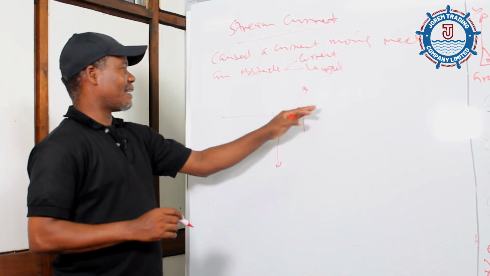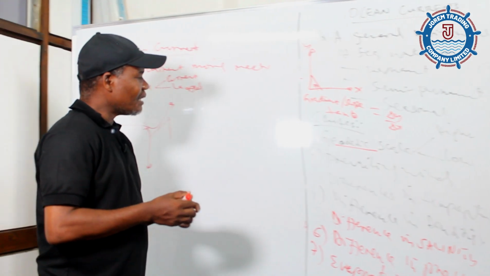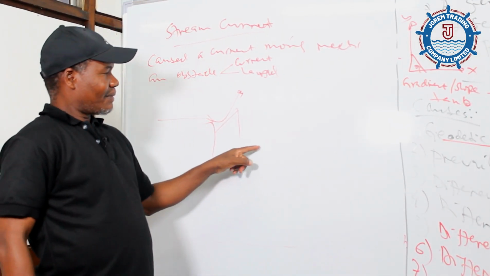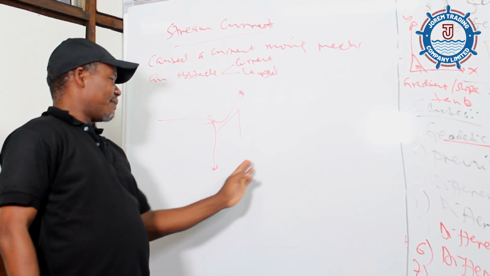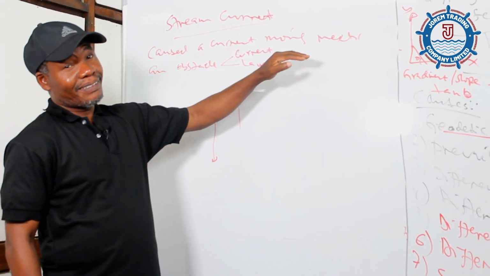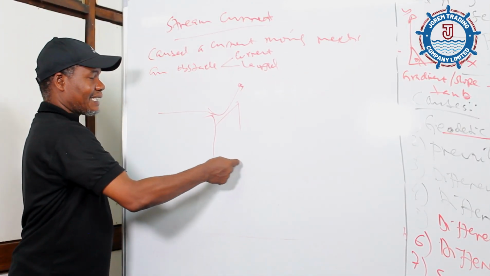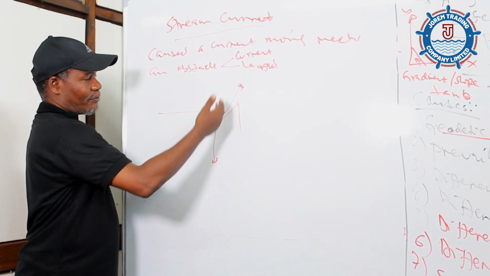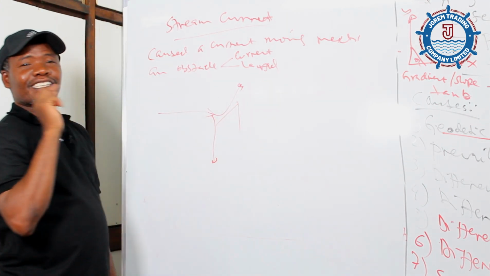So either it meets a land or another stream current. For example, if you look at the Gulf Stream, there is a North Equatorial Current setting westerly. When it strikes the land near the Caribbean, it starts forming the Gulf Stream, because this North Equatorial Current, coming and striking the east coast of Central America, is deflected back to the sea, forming the Gulf Stream.